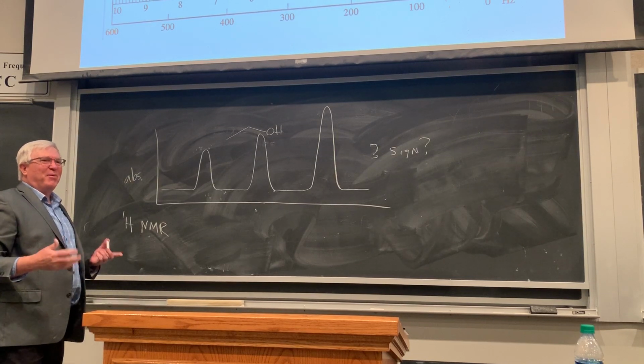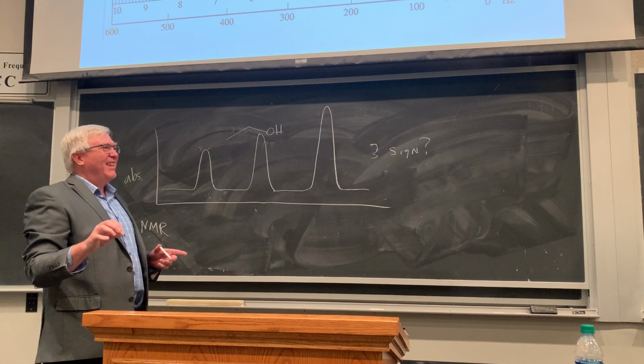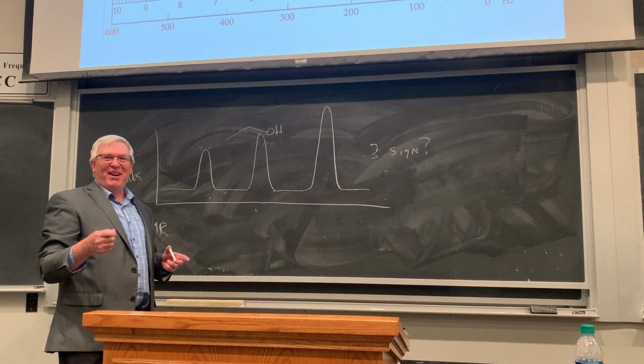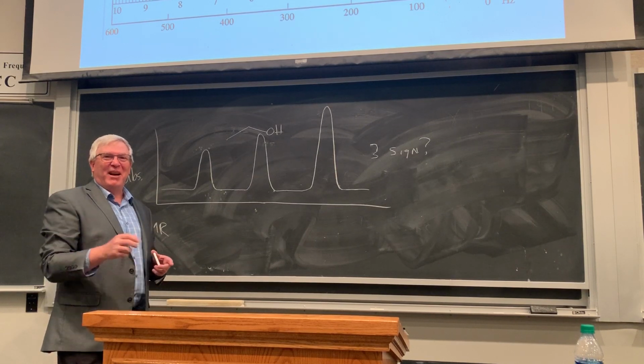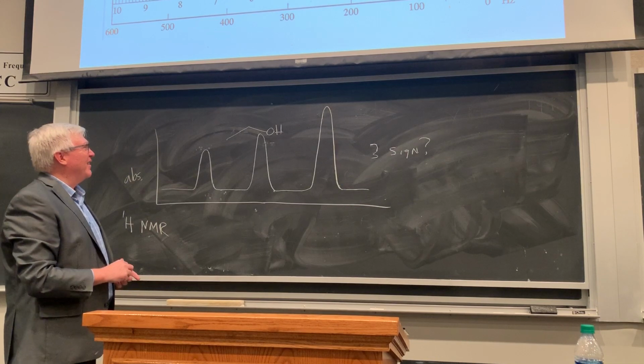And these are radio frequencies, by the way, and the detector is a radio frequency detector. And the legend goes they could actually listen to the AM radio while they were building these primitive devices. They could hook up a speaker and listen to the music at the same time.